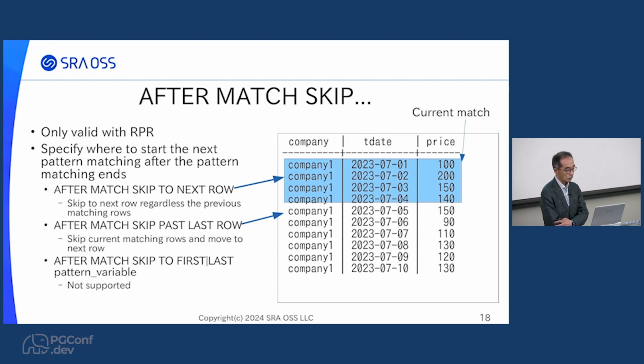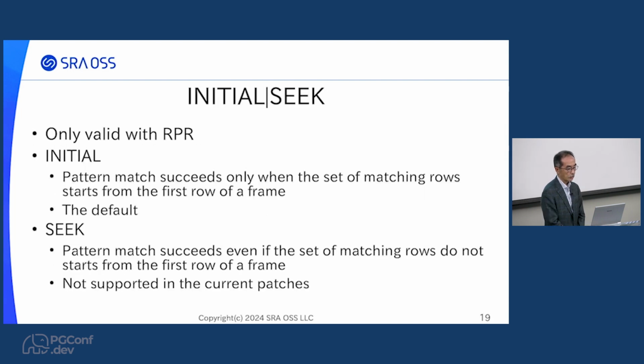Also, the standard defines another syntax, after match skip to first or last, and then a pattern variable name. Unfortunately, I have not implemented this yet for now. Next one is initial or seek.